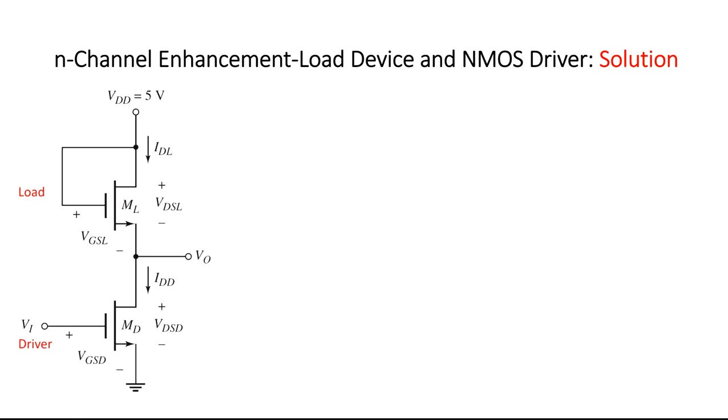In the second part of the example, the input voltage Vi is set to be 1.5 volts. In this case, since the input voltage is relatively small, the driver transistor is assumed to be biased in the saturation region. Again, the drain current in the load device is equal to the drain current in the driver device.